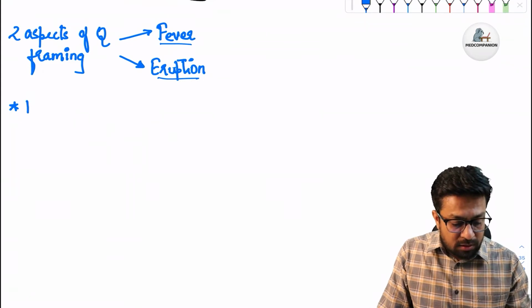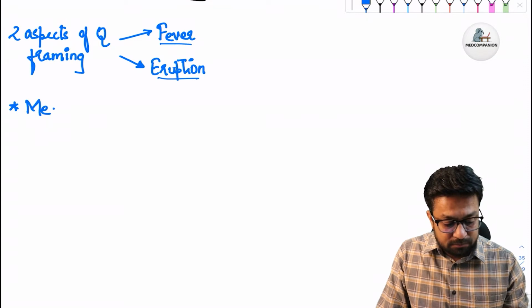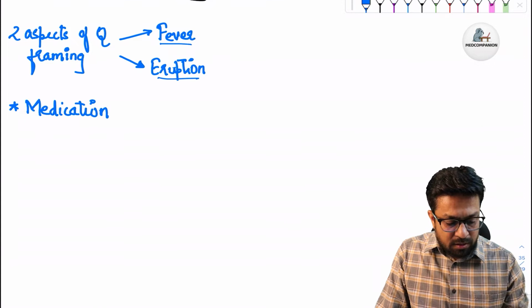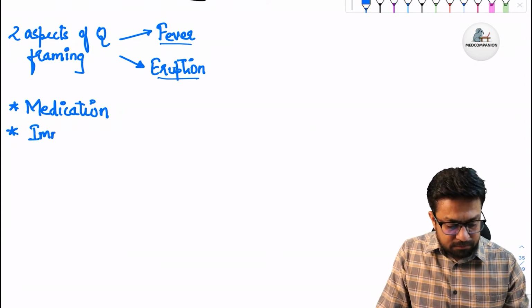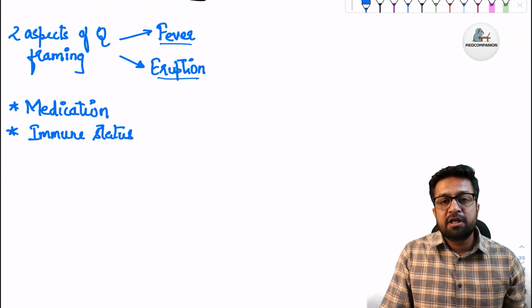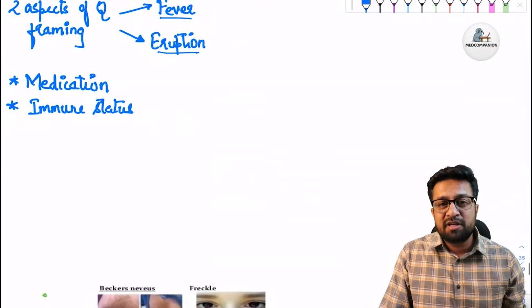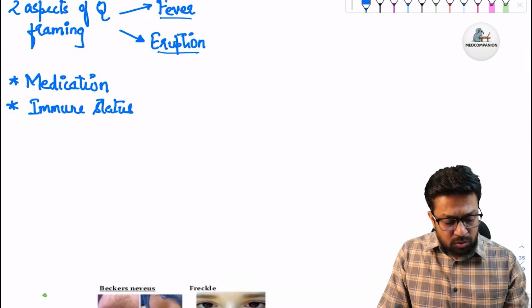Number one, there may be some medication mentioned in the question. Look for the medication. Number two, look for the immune status. Rash or eruption can be an important aspect of various connective tissue disorders, various immune disorders, and all those things.